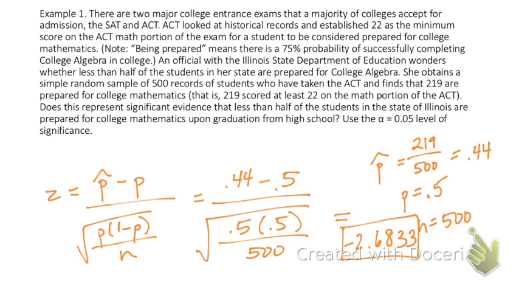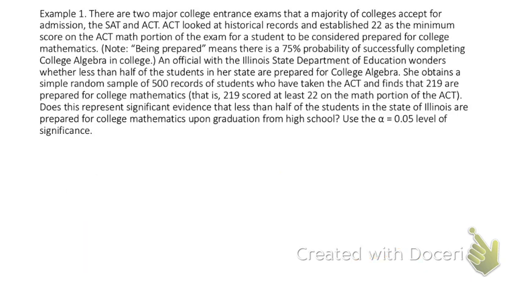From here, how do I find the p-value? Normal CDF. So step 4, I'm going to find the p-value. So normal CDF, negative 2.6833? Actually, I don't want to do that one first.